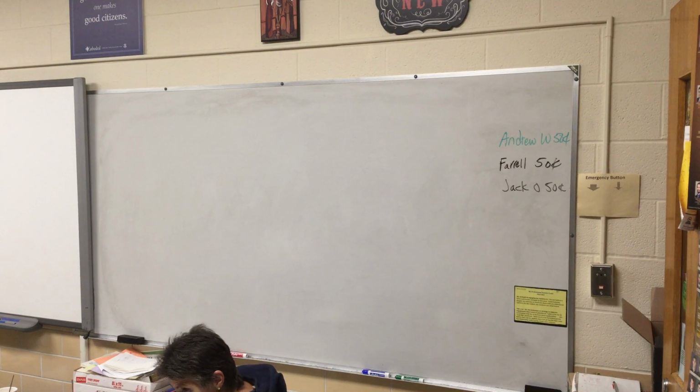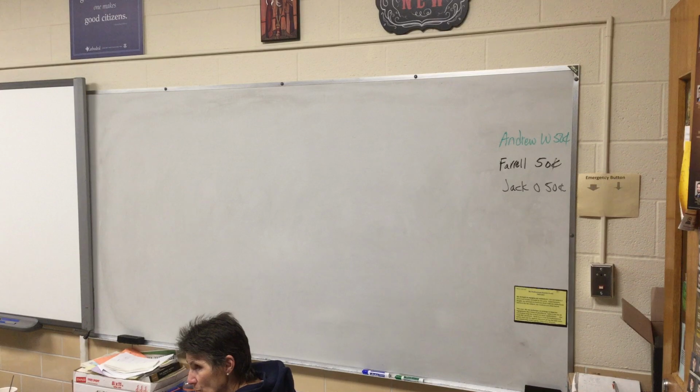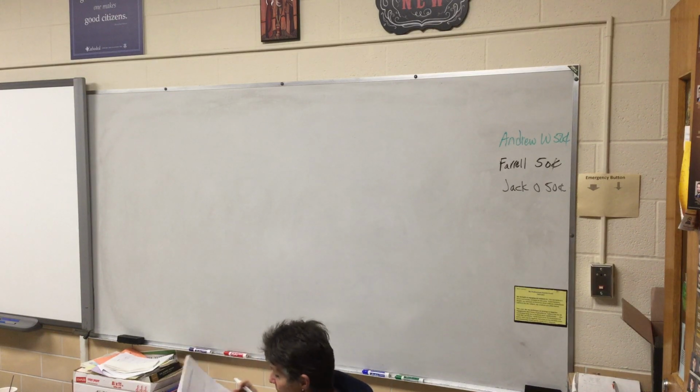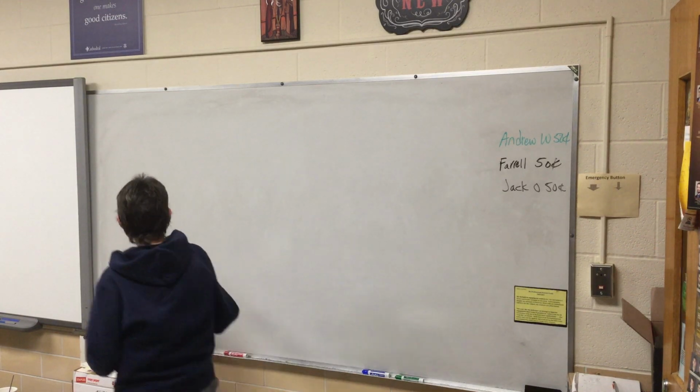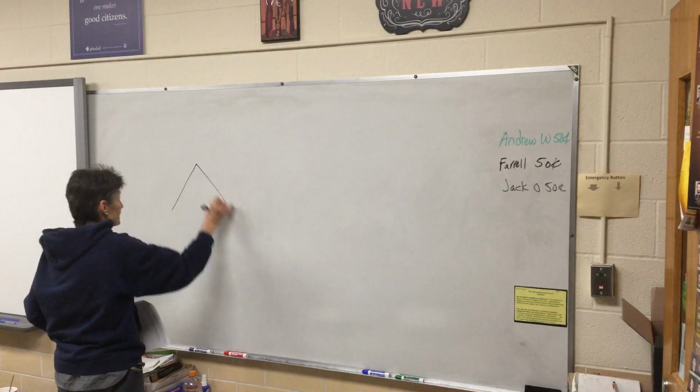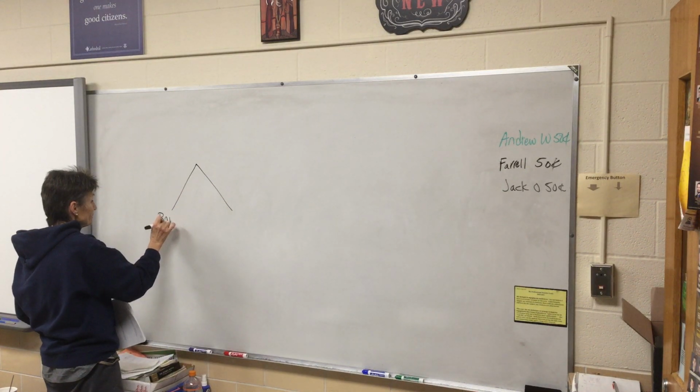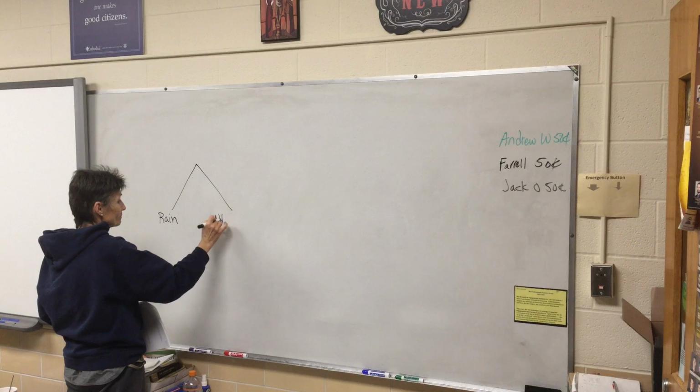Whatever the question involves is the second piece of the problem. So since the question is homework, we're going to make that second, and we're going to do rain first. All right? So here's how it works. Every day, it can either rain or not rain.